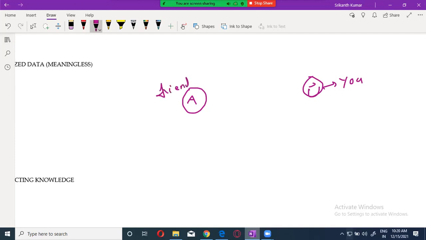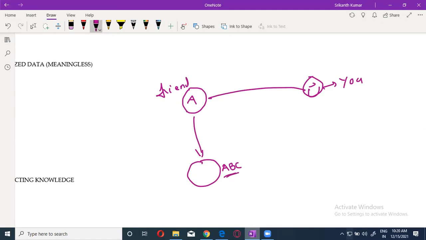Now you both are schoolmates, and this guy got a job in an organization like ABC organization. Now this guy is facing a problem with a guy called C. You both are childhood friends, meeting daily at around 7 o'clock.